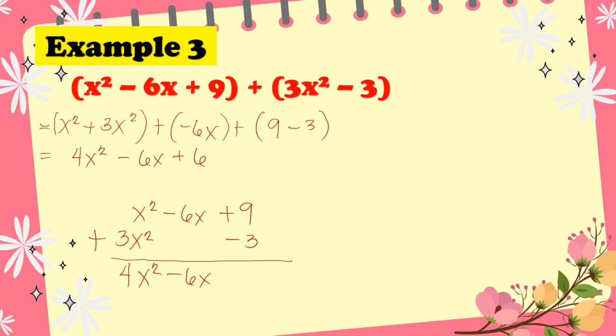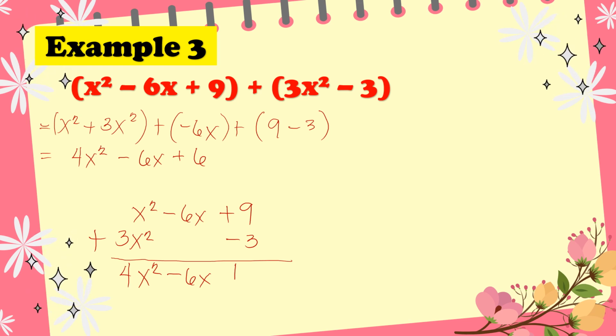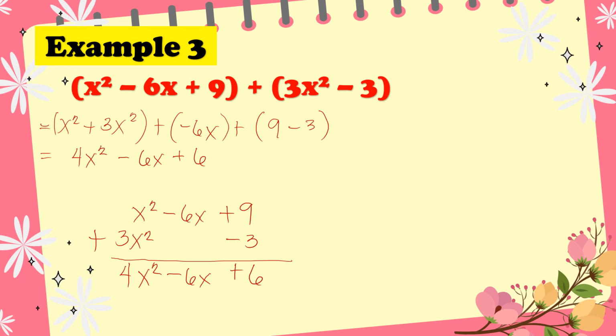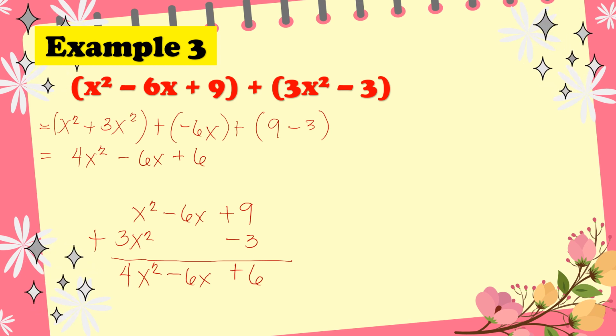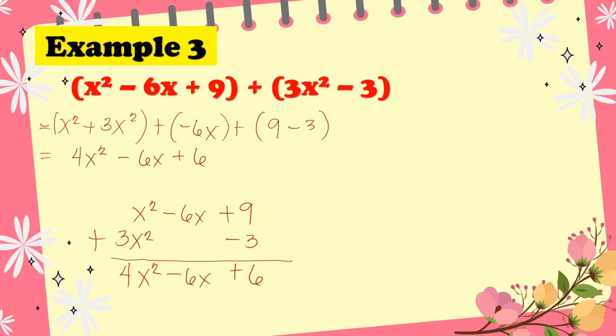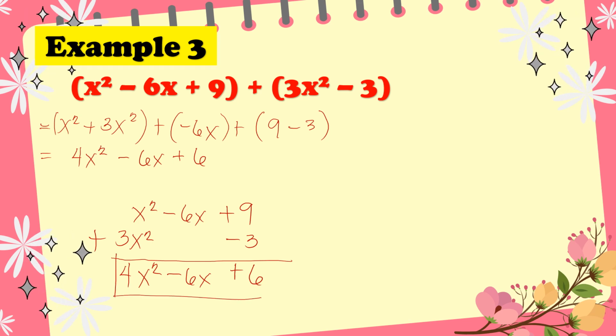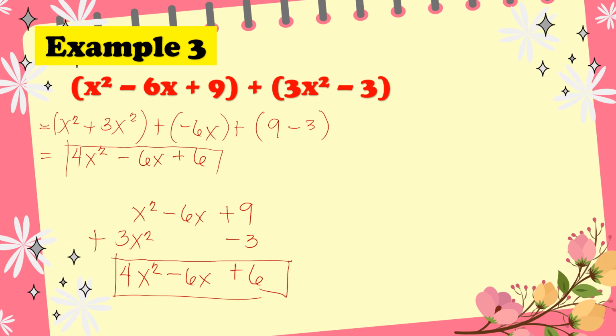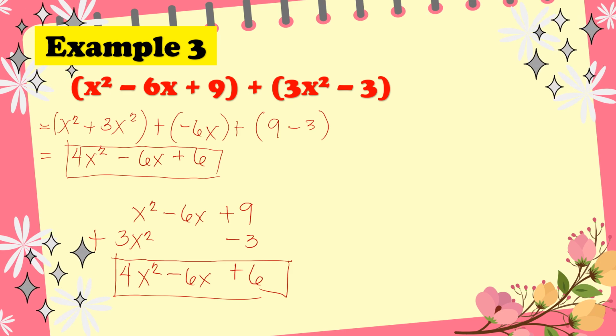So, mag-subtract tayo. 9 minus 3, we have 6. Tapos, copyhin natin yung sign ng mas malaking absolute value, which is yung 9. Kaya, pag in-add natin si x squared minus 6x plus 9 kay quantity 3x squared minus 3, ang sagot ay 4x squared minus 6x plus 6. So, parehas lang yung sagot niya kahit na horizontal or vertical ang way ng pag-add natin.